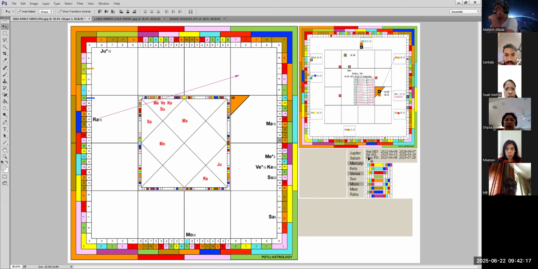So, Rahu maybe transiting the 12th house in a similar degree. Correct. When I show, the blue one always indicates the Rahu transit and the brown one always indicates the Saturn transit.